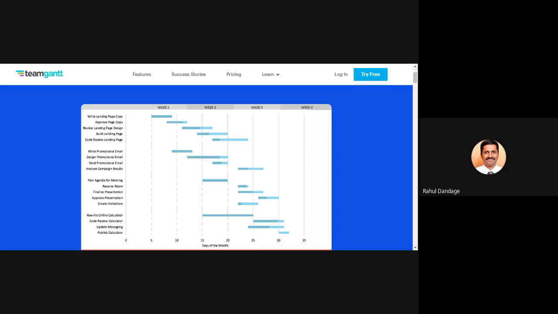Let us go for some more complex kind of Gantt chart.